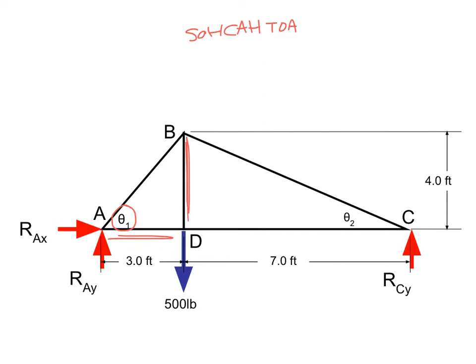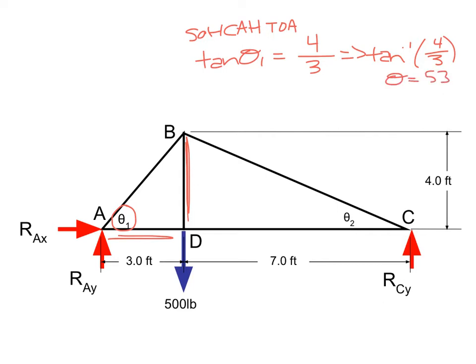So we can say that the tangent of angle 1 is equal to the opposite side, 4, over the adjacent side, 3. And so that's the same as the inverse tangent of 4 over 3. And we find that angle is equal to about 53 degrees. It's actually 53.1. Sometimes it's good to be precise.